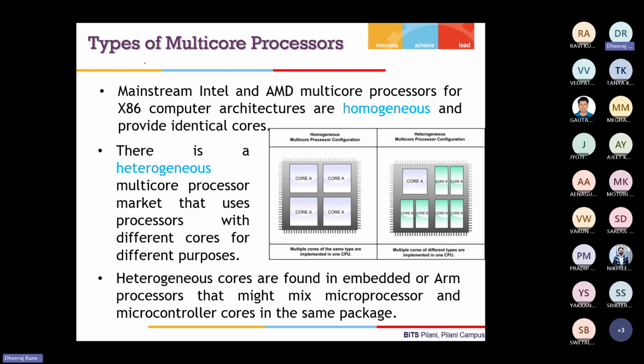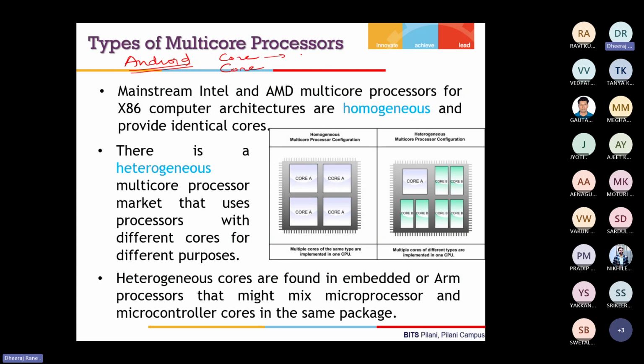If you look at any mobile phone, at least in Android, like OnePlus or anyone you can pick up, just see the various cores corresponding to their processors.